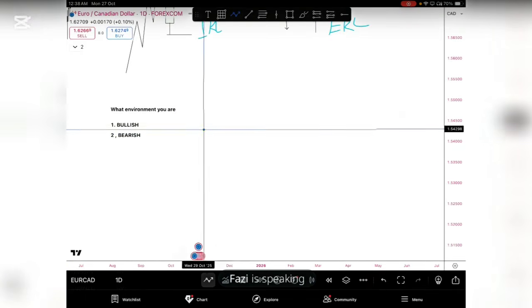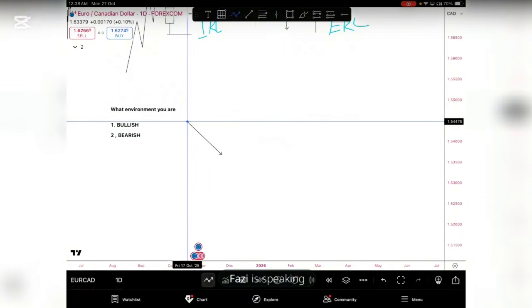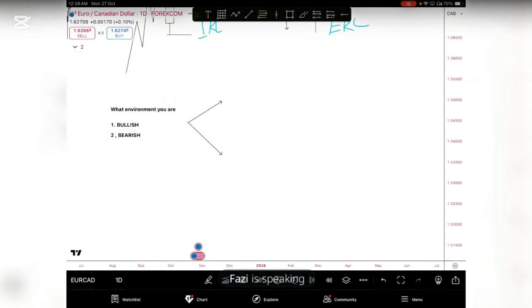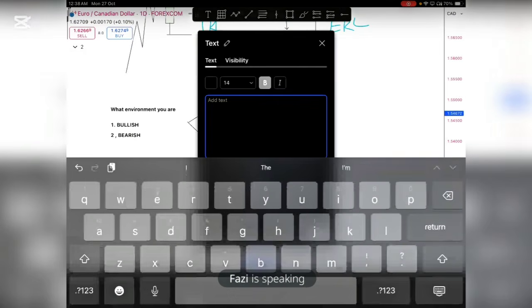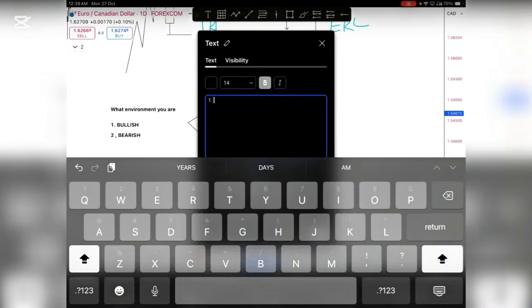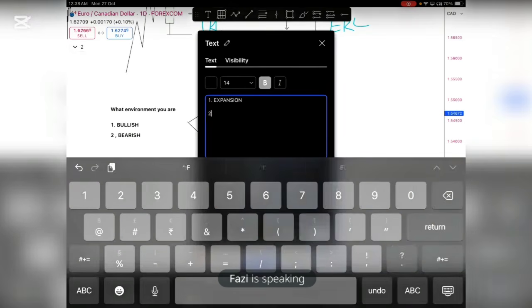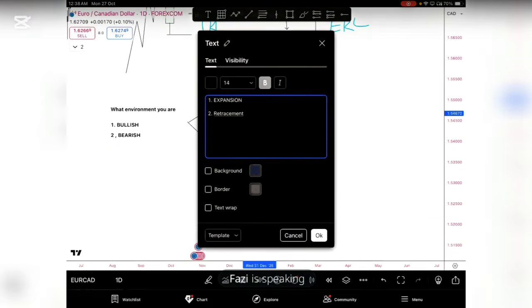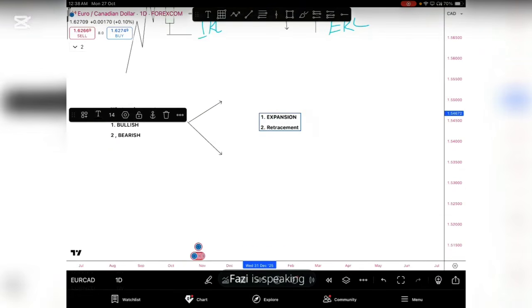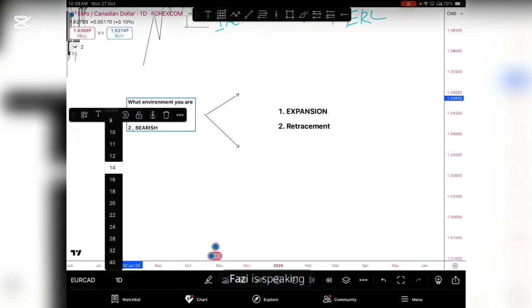These two trends each have two types of moves, two types of phase: the first phase we call the expansion phase, and the second one we call the retracement phase. You can all see the screen, right? And you can see my text too.